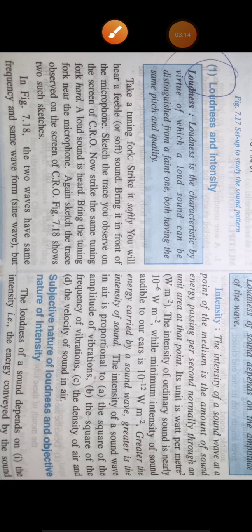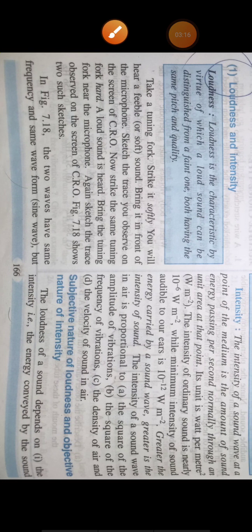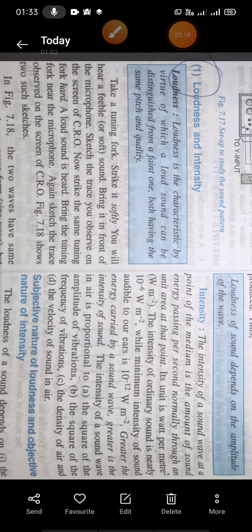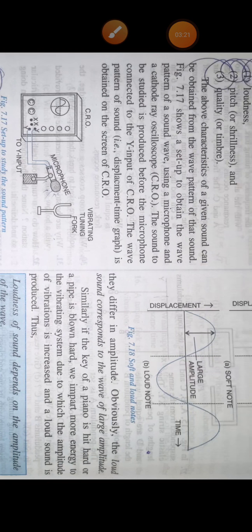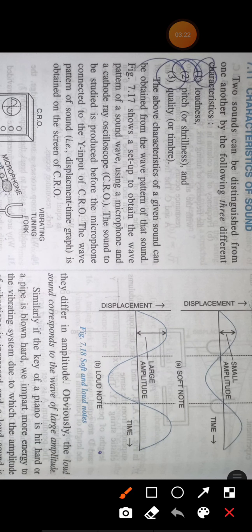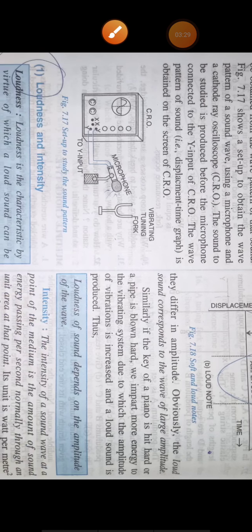Generally, a loud sound has a large amplitude, but a faint or feeble sound has a very small amplitude. How do you know?